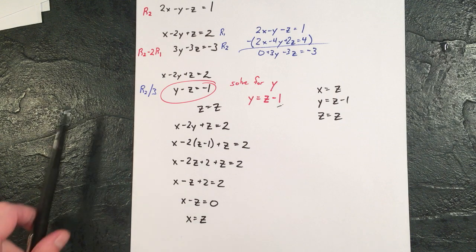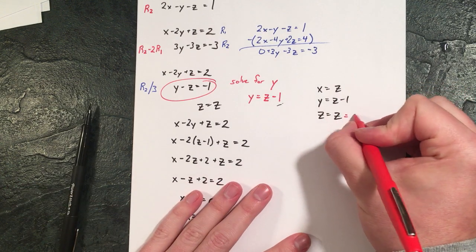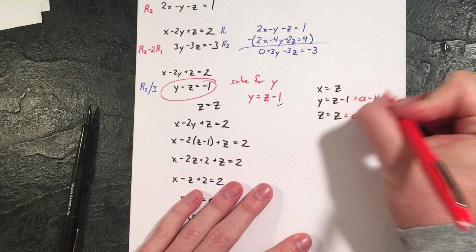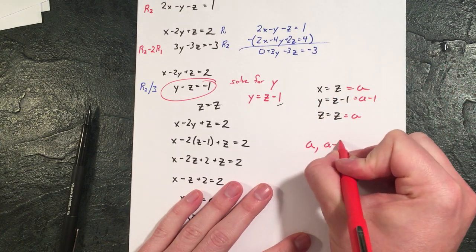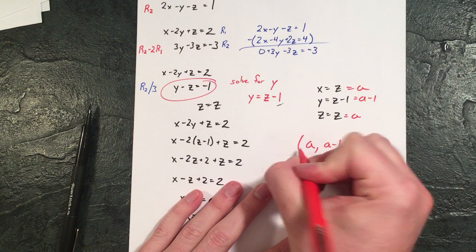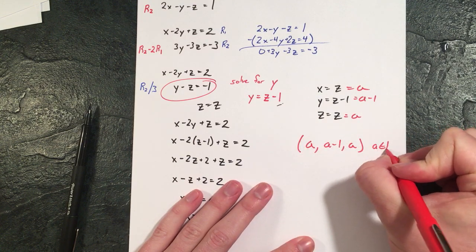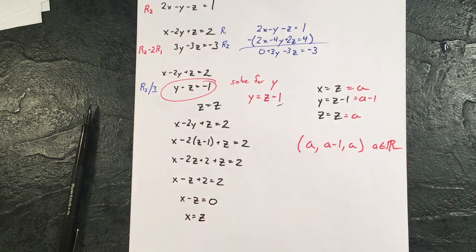But we don't want to write these as z, so let's make this a minus 1, and a. So our final solution set would look like this. Pick a to be any real number, and that's going to be our answer here.